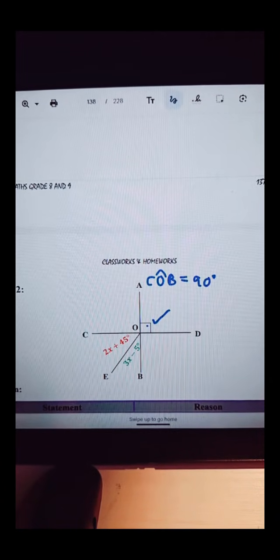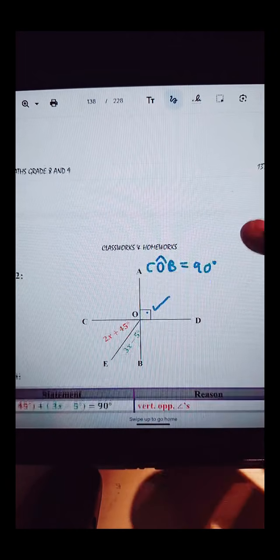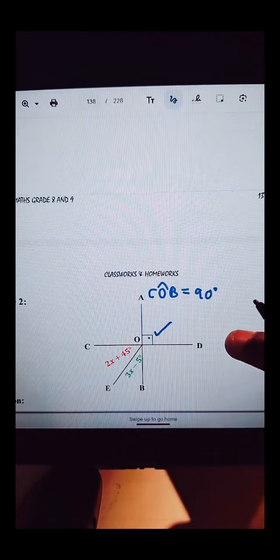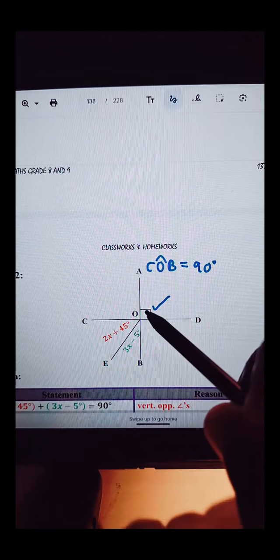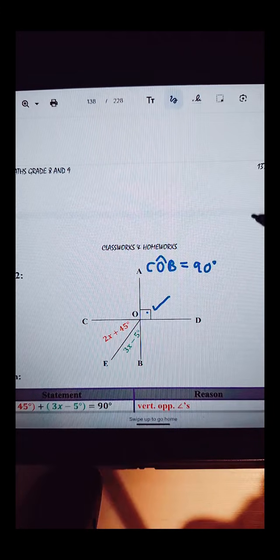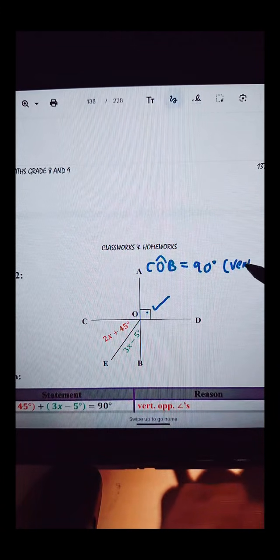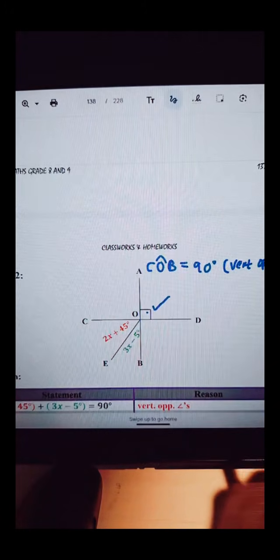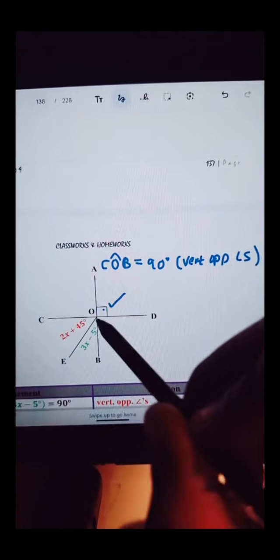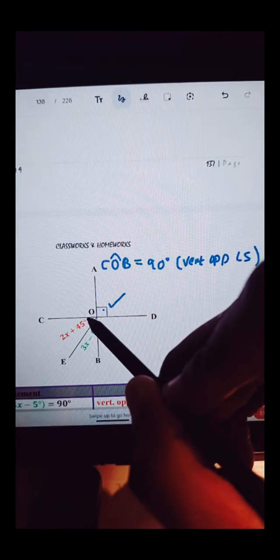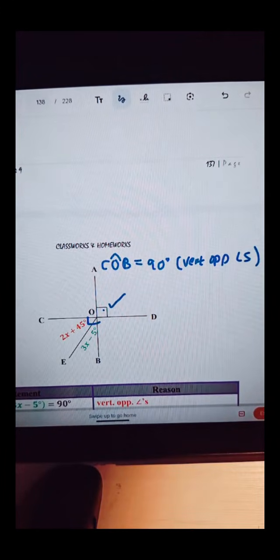Does that make sense? I hope that makes sense, guys. So if angle COB is 90, why is angle COB equal to 90? It's because of vertically opposite angles. This angle, the 90, is equal to 90 like that.